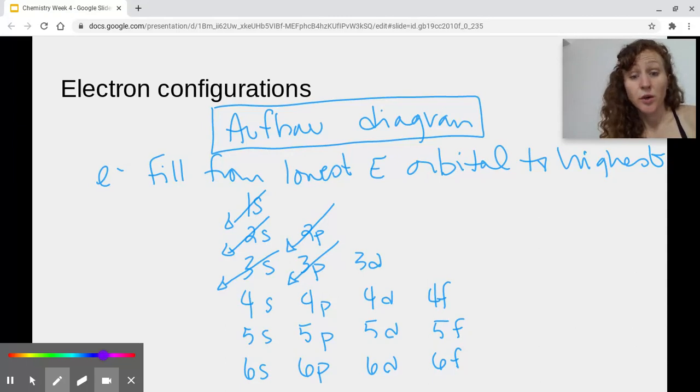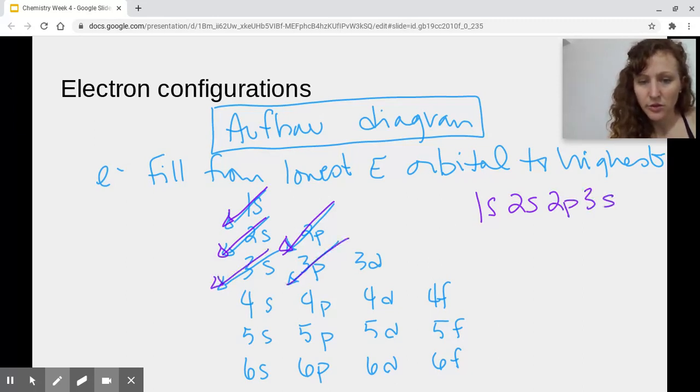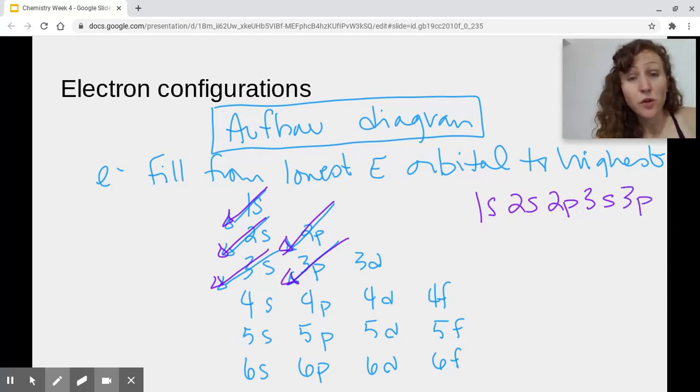Okay, and so in order to know, you have to draw diagonal lines. 1s gets filled first. 2s gets filled next. 2p. 3s. 3p. Okay, so far, so good.